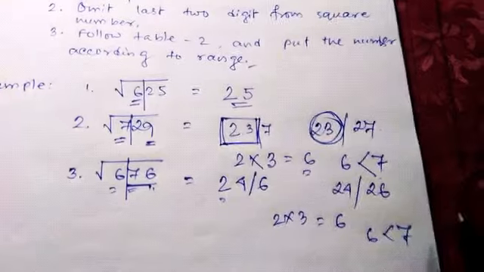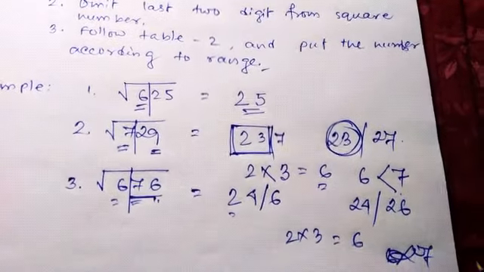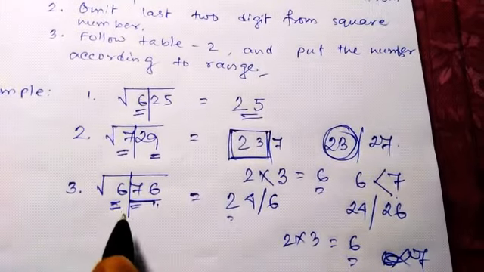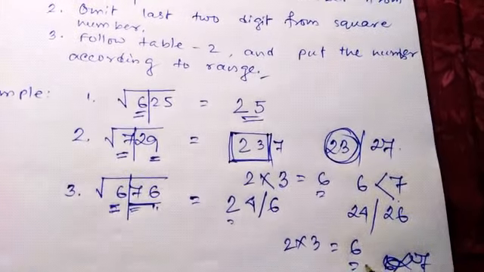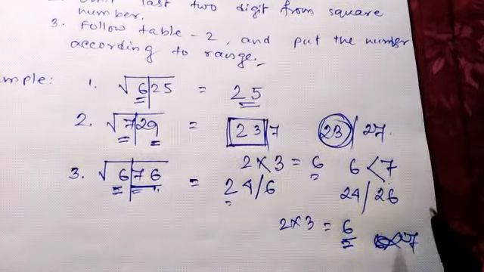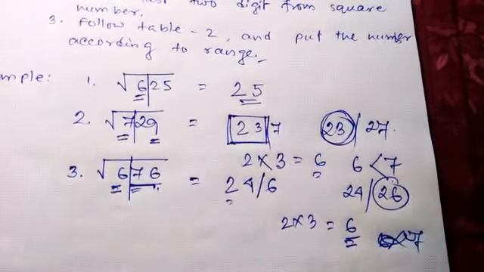Sorry, in this case it is 6, and the first is also 6. Yes, both are equal, so I will take the next number, 26.